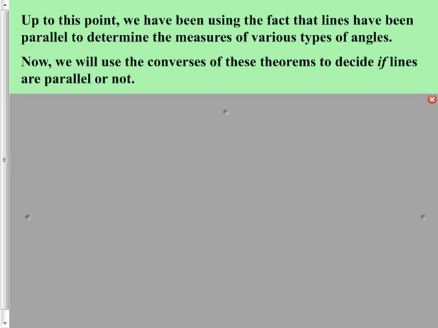A converse took our original statement, if P, then Q, and switched the P, the hypothesis, and the Q, the conclusion, so that instead of if P, then Q, we had if Q, then P.